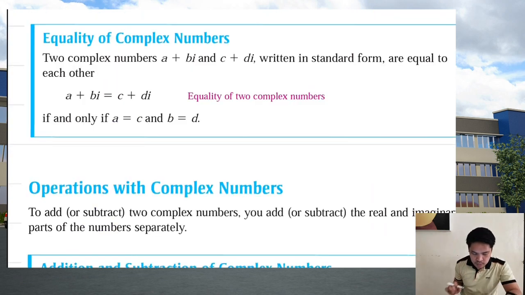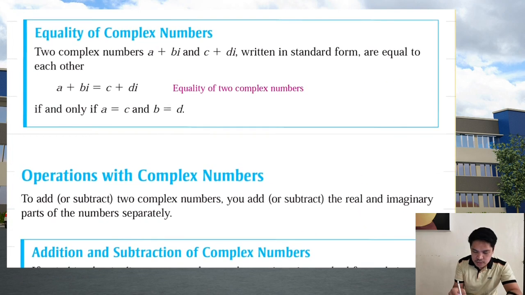Equality of complex numbers. Two complex numbers, a plus bi and c plus di, written in the standard form, are equal to each other if and only if a is equal to c and b is equal to d. I think that's just common sense.